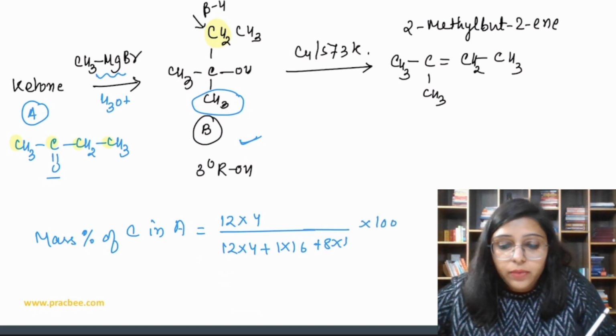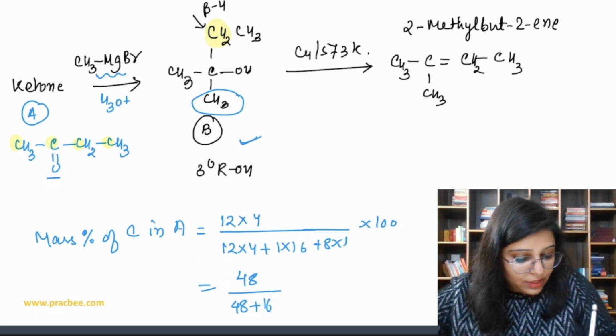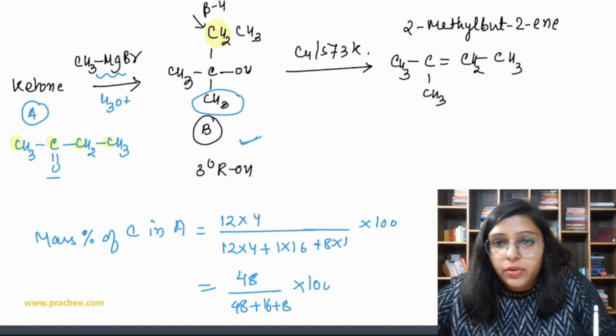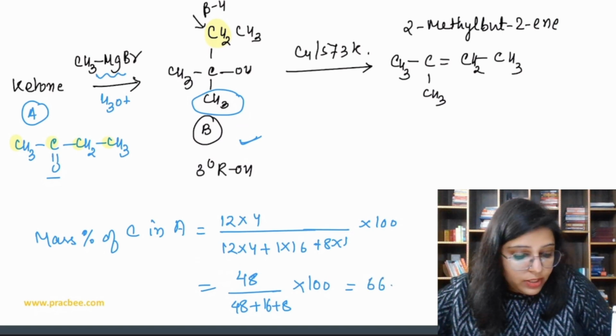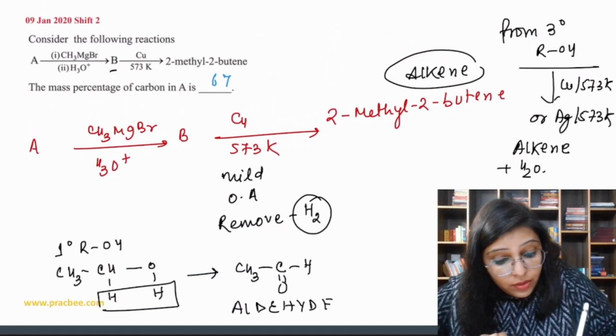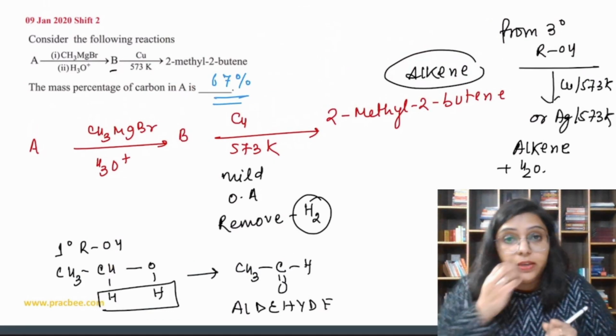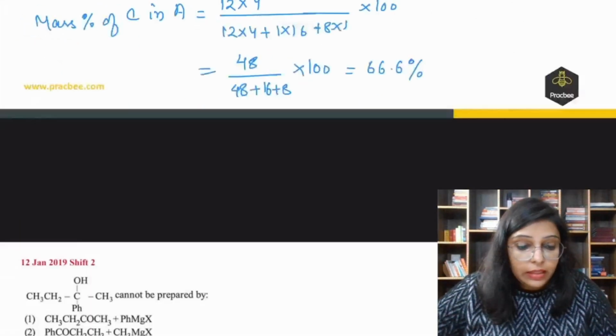On solving this, we get 48 upon 48 plus 16 plus 8, into 100. So we get 66.6 percent, which you can write as 67 percent. Clear? That's it.